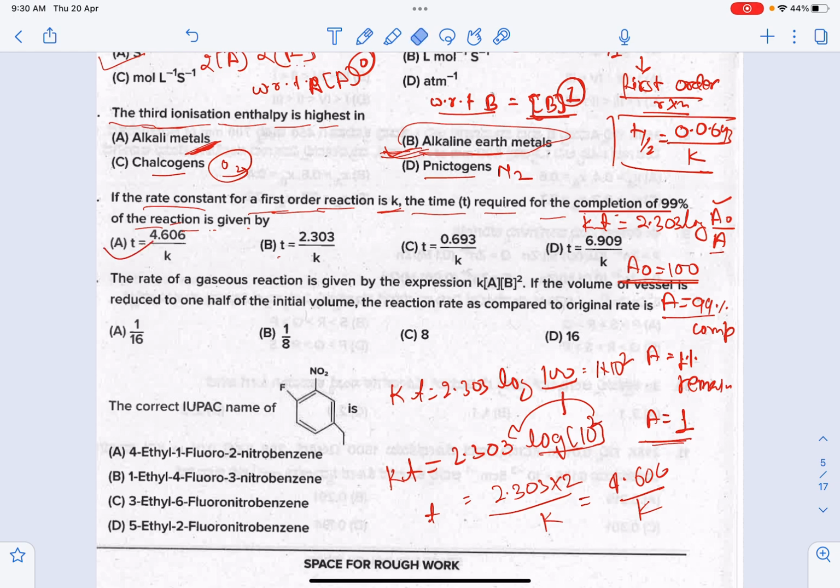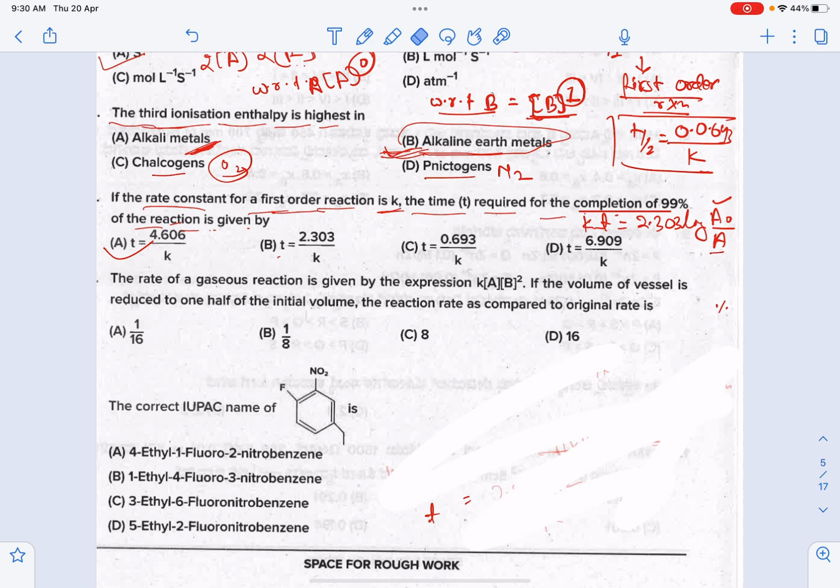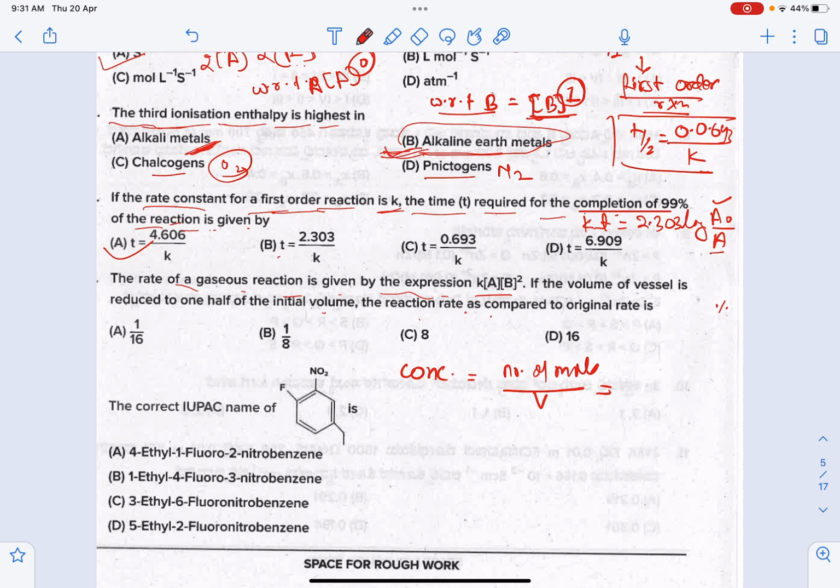Now the next question is: the rate of a gaseous reaction is given by the expression K[A][B] square. If the volume of the vessel is reduced to 1/2 of the initial volume, the reaction rate compared to its original rate will be. In this question, you know that concentration equals the number of moles divided by volume, so concentration is inversely proportional to the volume.